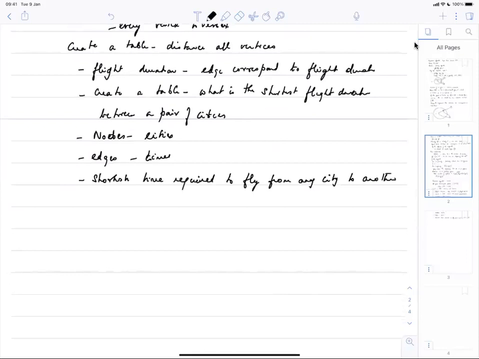We again assume the graph is G of V comma E, which is a set of vertices and edges.